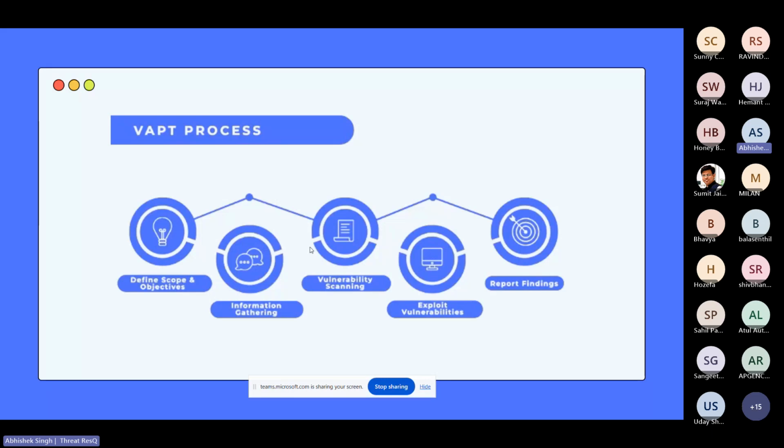The fourth part will be exploiting the vulnerabilities. The analysts will try to exploit all the vulnerabilities they have found and use their proof of concepts in the report to give a better insight into the vulnerabilities. And the last part will be reporting all the findings and also providing the recommendations, remediation, and the risk scores as per the criticality of the vulnerabilities.